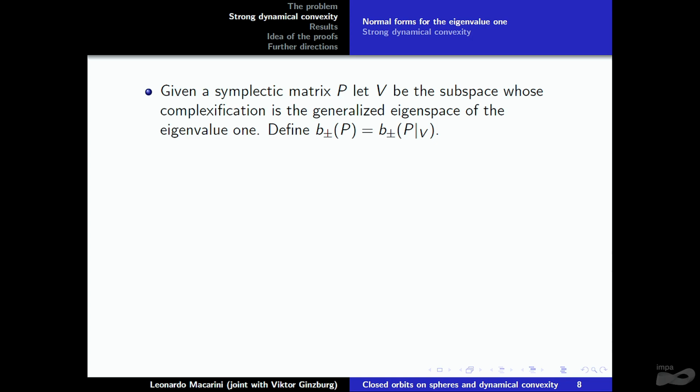And for a general symplectic matrix, in a natural way, you just take the subspace V whose complexification is the generalized eigenspace of the eigenvalue 1. And then I define B plus minus of a general symplectic matrix P as B plus minus of the restriction of P to V. Okay?